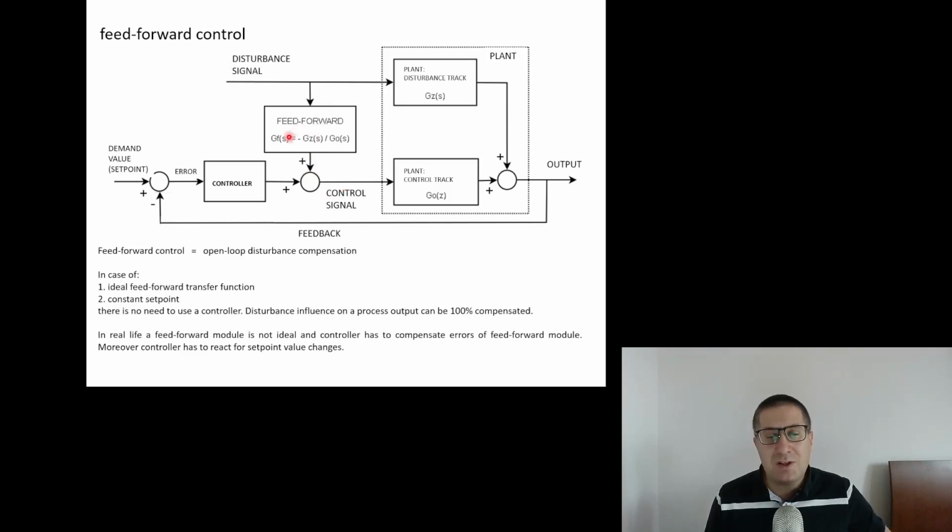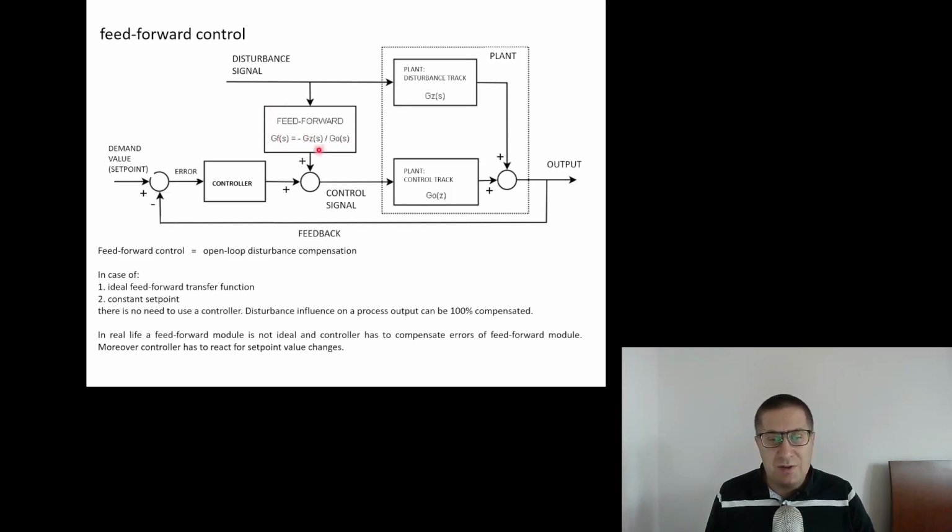And this calculation is based on the disturbance track model and the control track model. In fact, if we divide the transfer function of the disturbance by the transfer function of the plant of the control track, and if we add the minus, we will have the equation of the feed-forward algorithm.